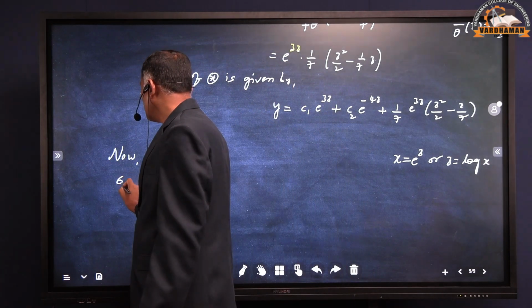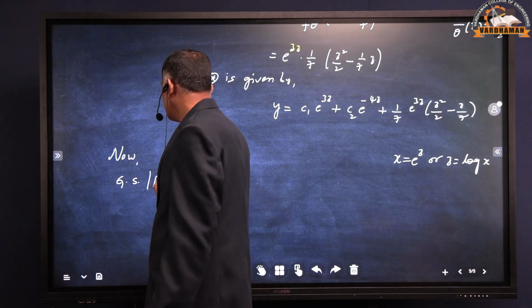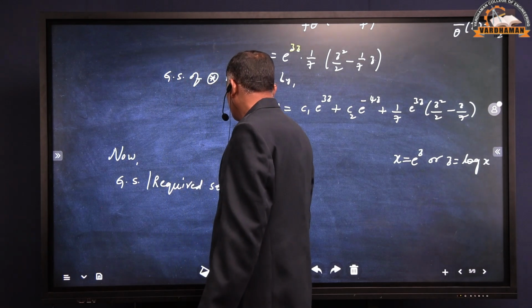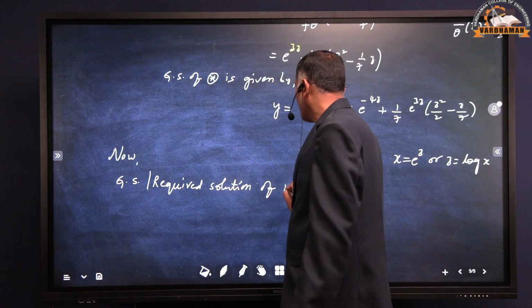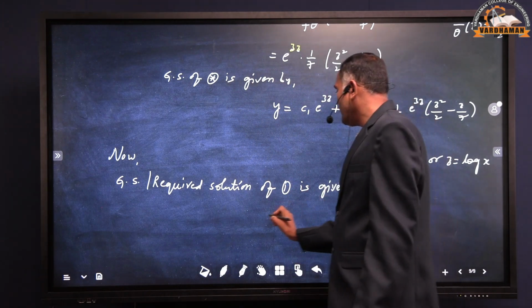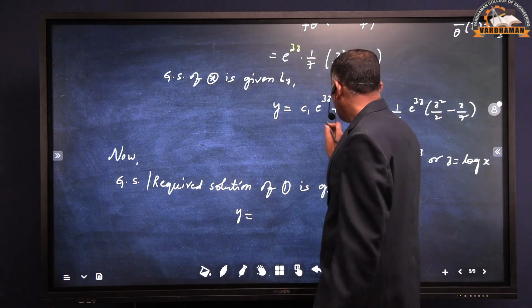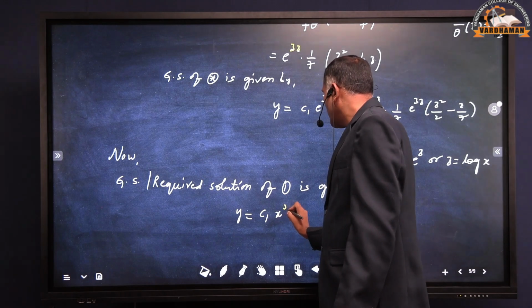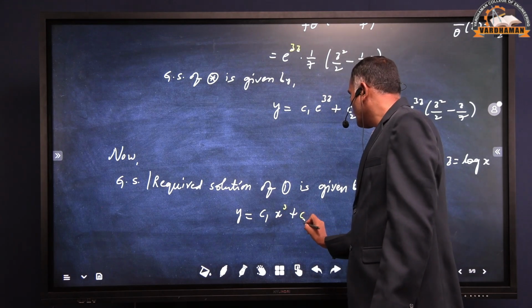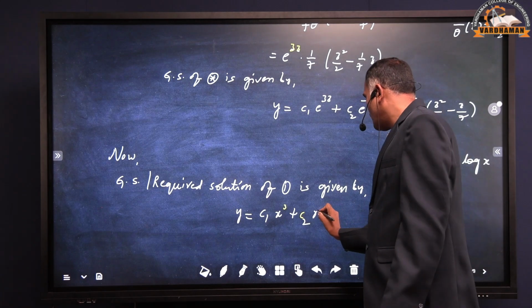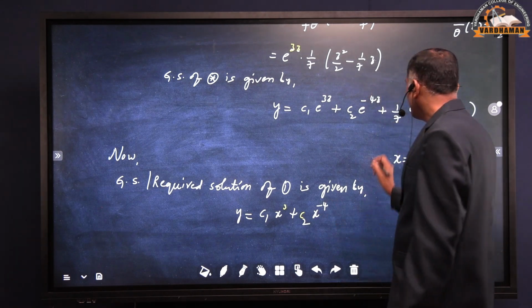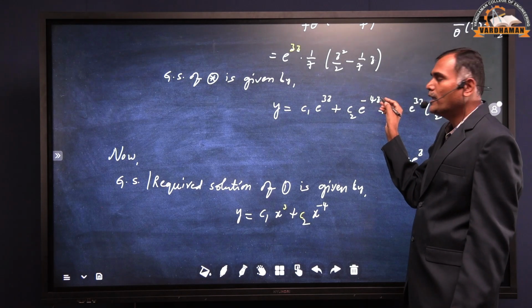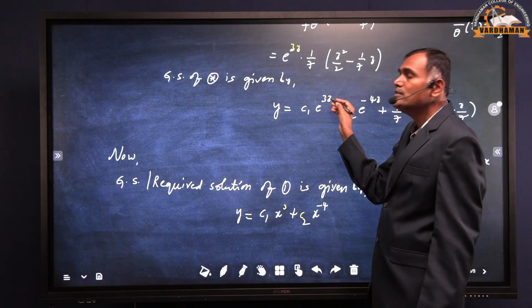Now the required solution of 1 is given by y equals, in place of e power z we write x, so c1 into x cube plus c2 into x power minus 4, because e power minus 4z can be written as e power z whole power minus 4, and e power 3z can be written as e power z whole cube.